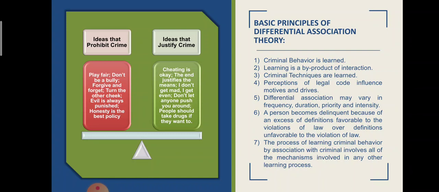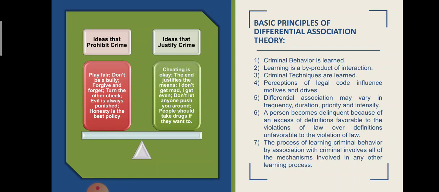So, diba? He doesn't believe that criminal behavior was inherited from our parents. He believed that criminal behavior is learned through association with bad people, or through associating with others, because you tend to learn the behavior. So it is called social learning through differential association.